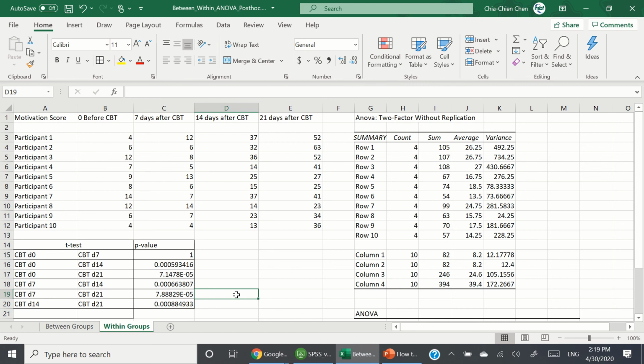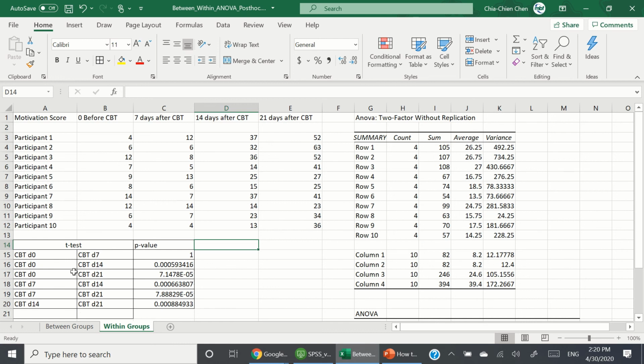Okay, but not in this case. In this case, we're doing a Bonferroni correction. Now, with a Bonferroni correction, we got 6 pairwise t-tests here, right?